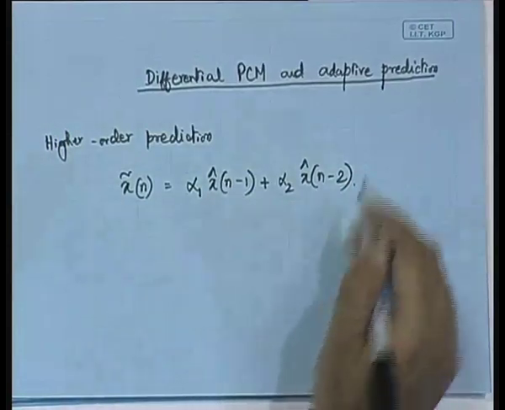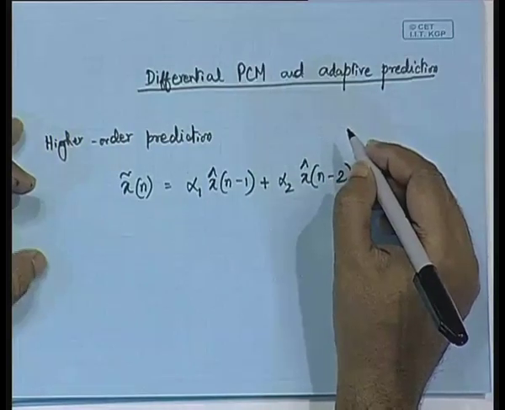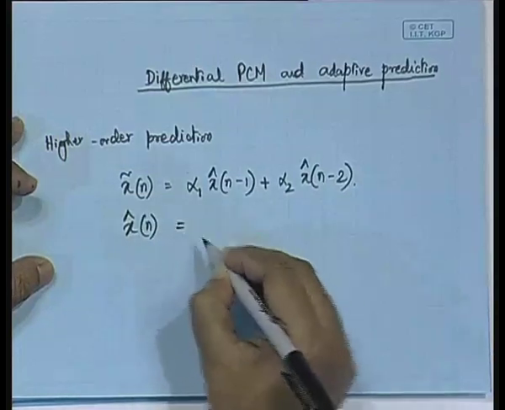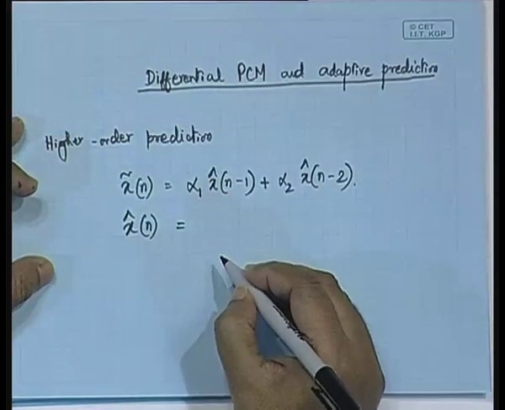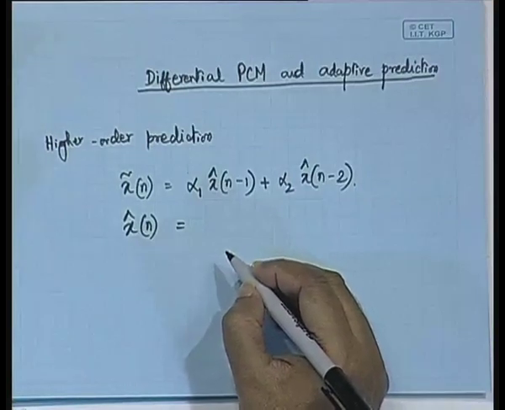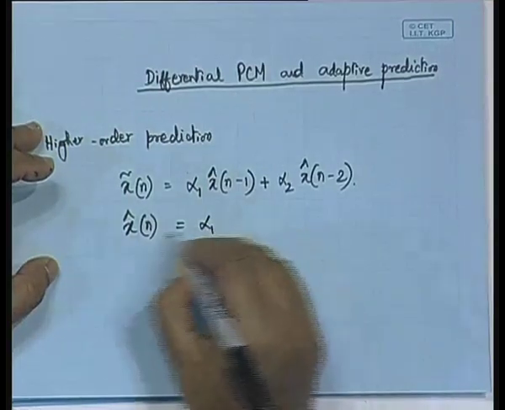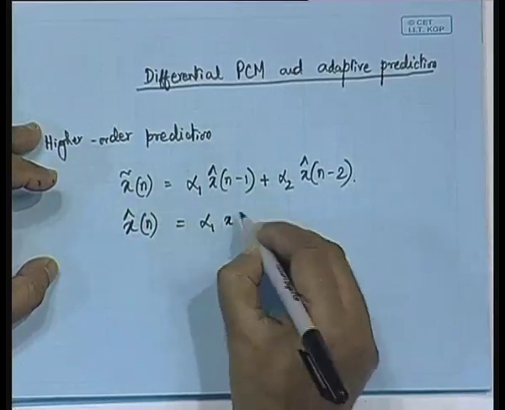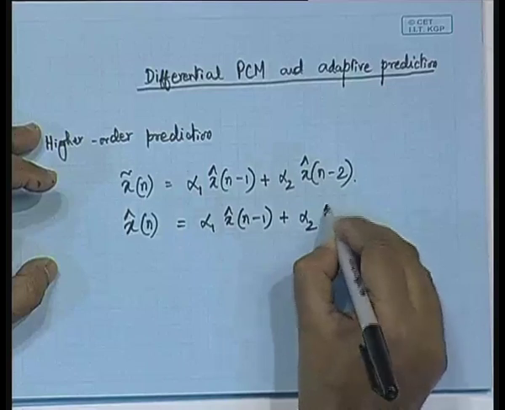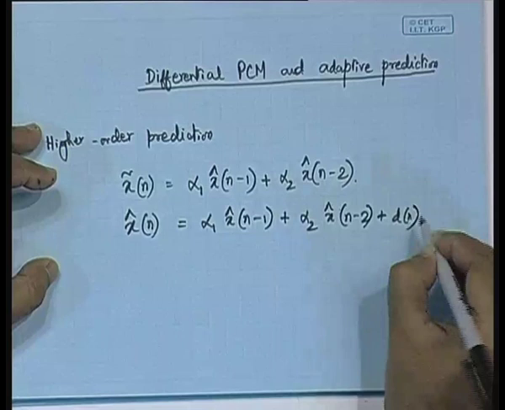This is a second order prediction, and in this case one can write down x cap of n as x tilde of n plus d of n, the prediction error. So, we can write x cap of n as alpha 1 x cap n minus 1 plus alpha 2 x cap n minus 2 plus d of n, okay.